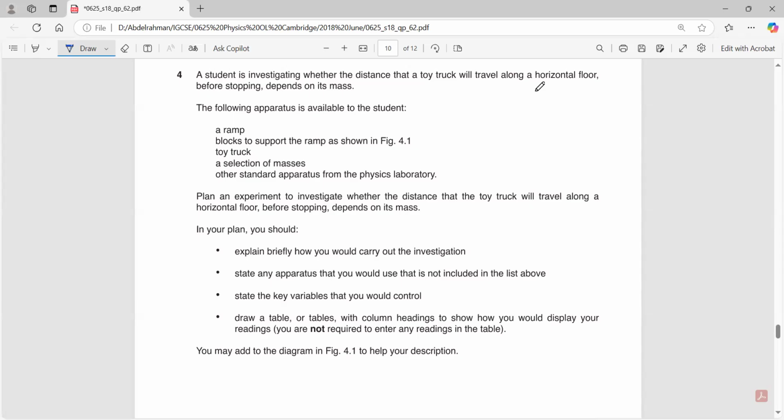Plan an experiment to investigate whether the distance that a toy truck will travel along the horizontal floor depends on its mass. Does it depend on the mass or not? So the independent variable would be the mass of this toy truck. You keep adding masses to the truck.